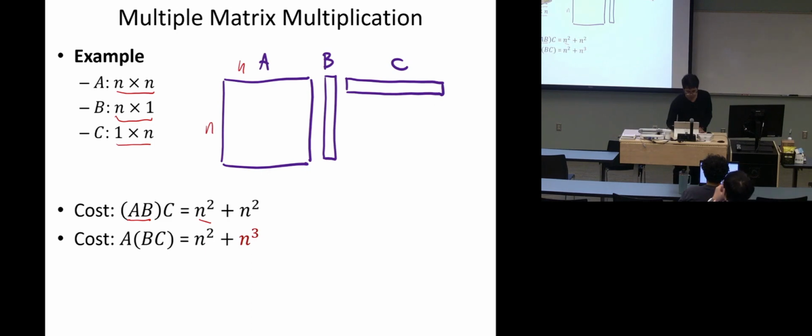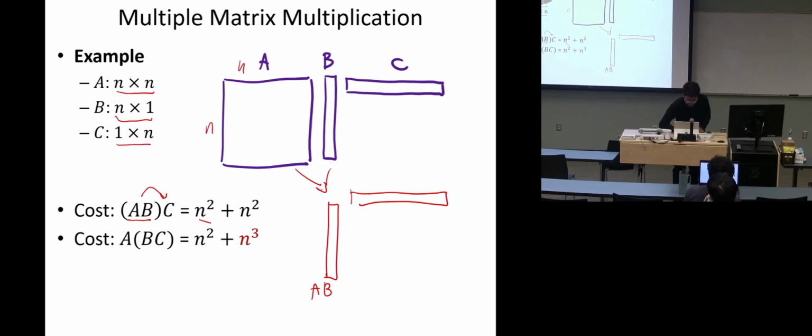Once you get AB, you multiply it by C, which takes another n squared operations. So this is O(n squared).